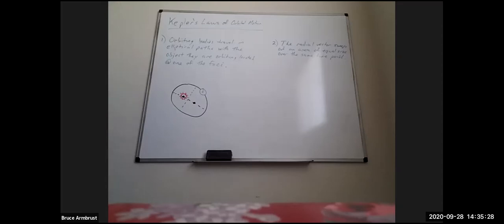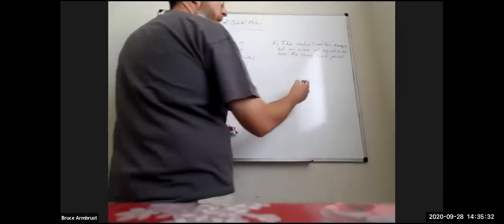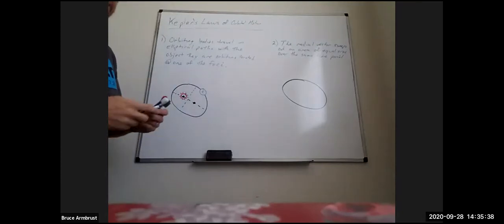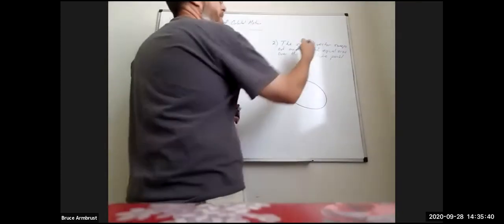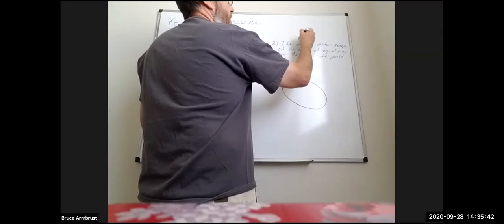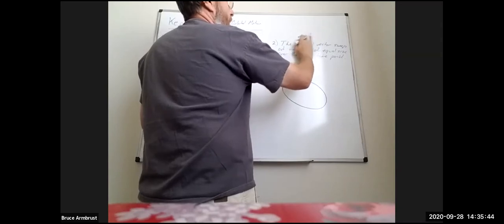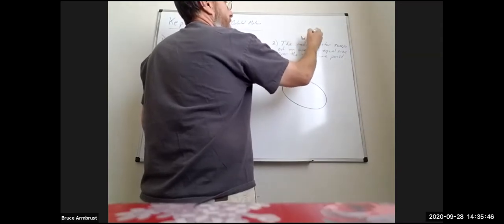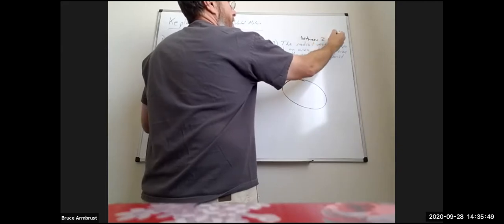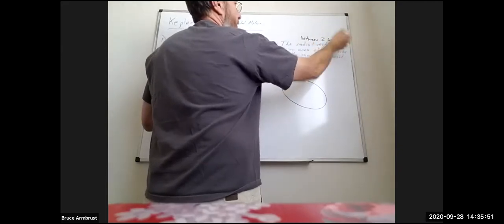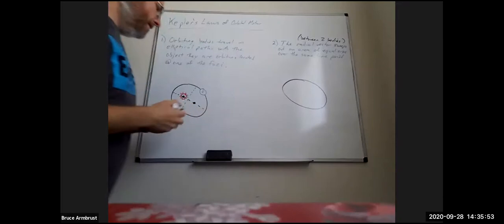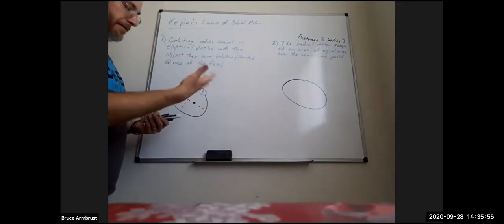Okay, so let me explain what I mean here. The radial vector, and what I mean by the radial vector, is between the two bodies. Like with the Earth and the Sun, it's the line that connects the Sun and the Earth.